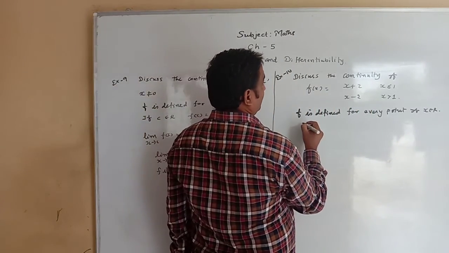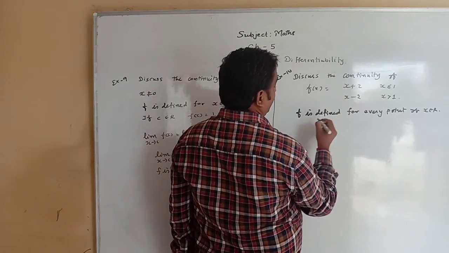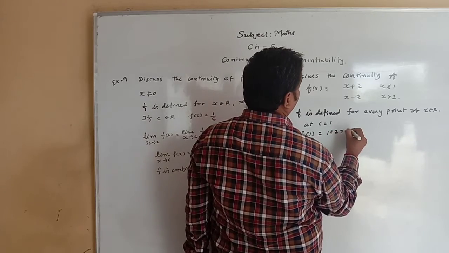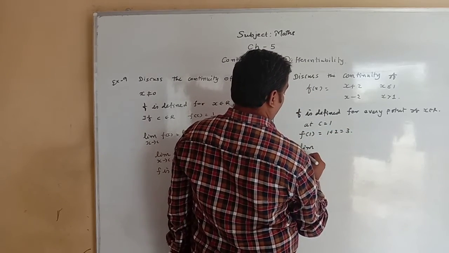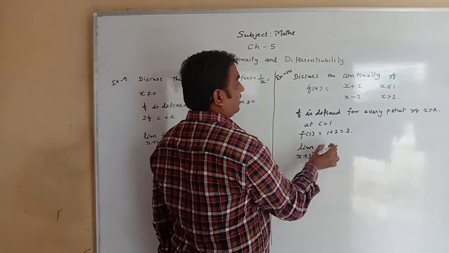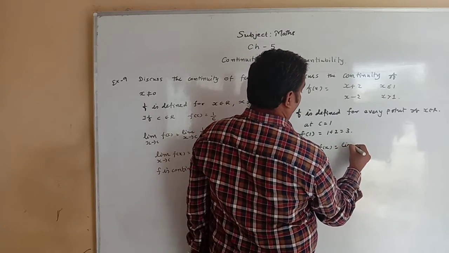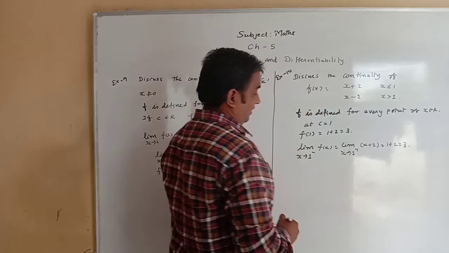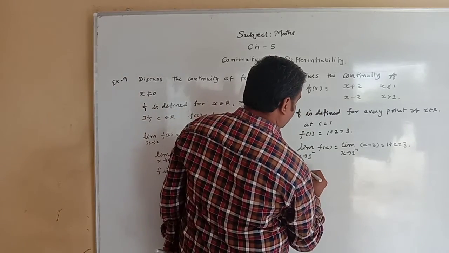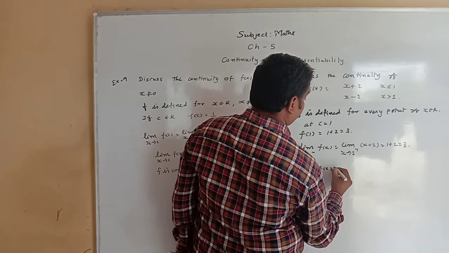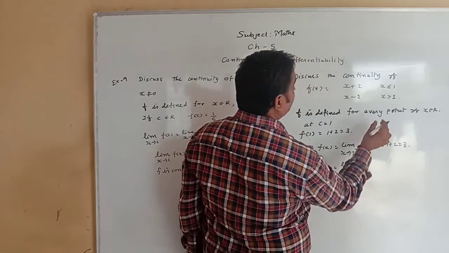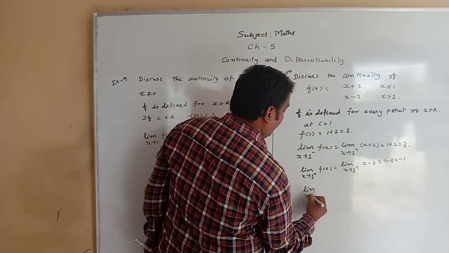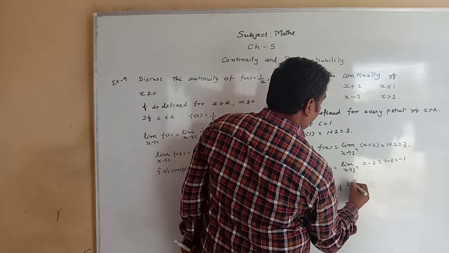So now for any point c, we take c equals 1, then f(1) will be 1 plus 2 equals 3, and limit x tends to 1 minus, the left limit, so smaller than 1, we have the function x plus 2, this is 1 plus 2 equals 3, and limit x tends to 1 plus, means the right limit we take, greater than 1, it is here x minus 2, and so 1 minus 2 which will be minus 1, so we can see that the left limit and right limit are not equal.